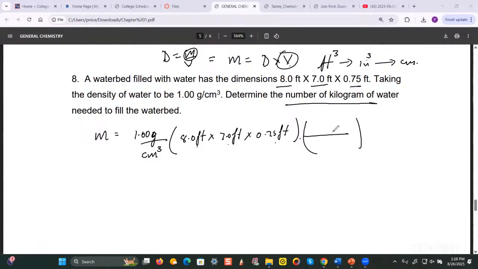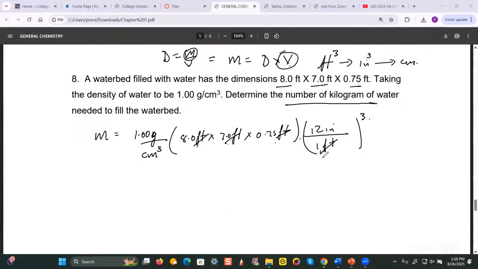We multiply by 1 foot down here as a denominator and 12 inches up top as a numerator. But you have to cube that conversion factor, so that the foot cubed unit will cancel out with the foot cubed unit here.